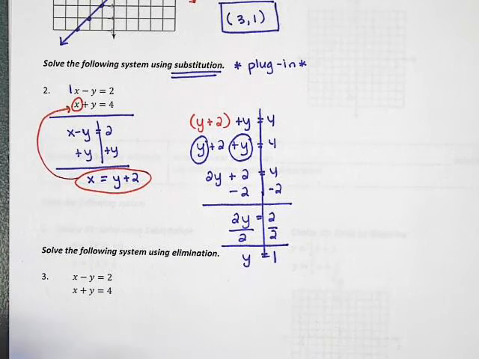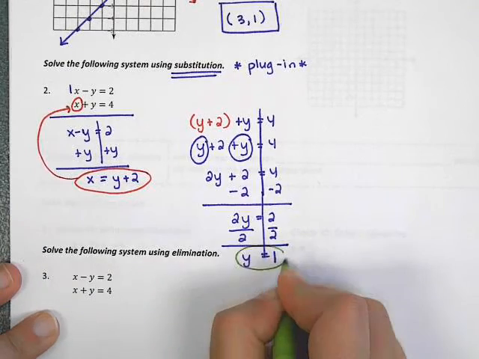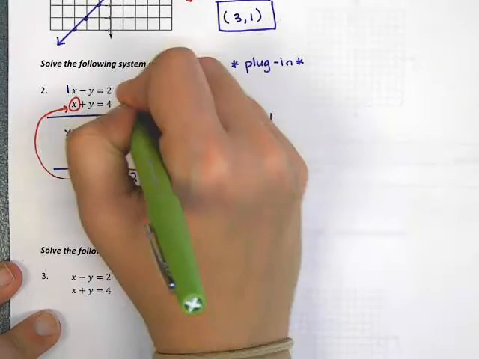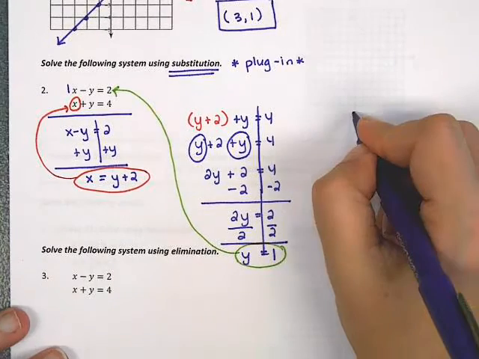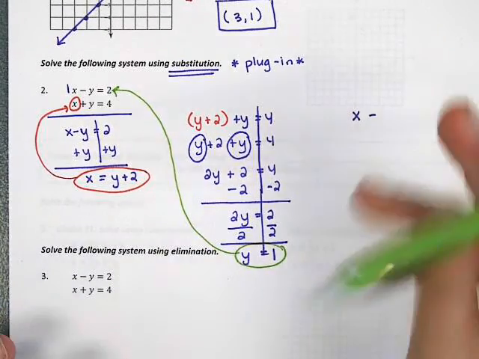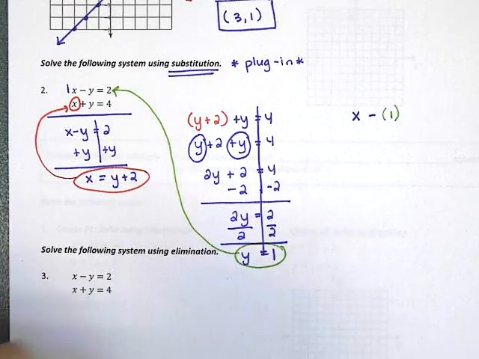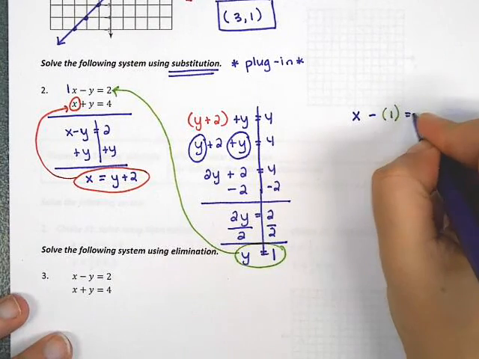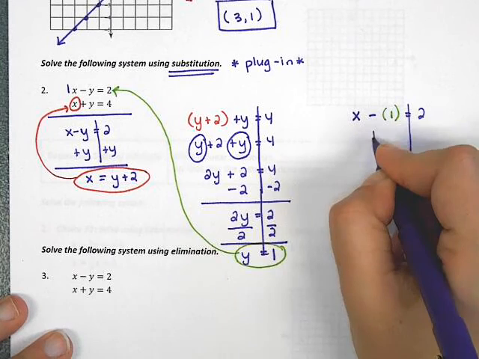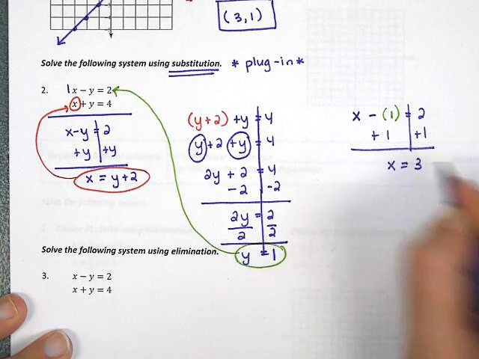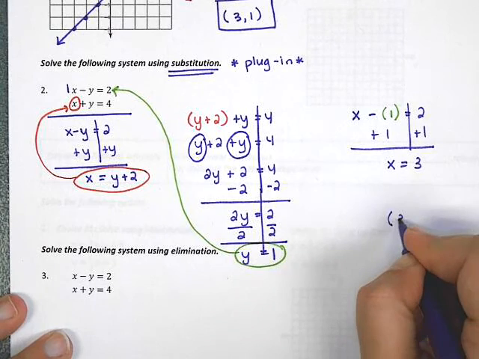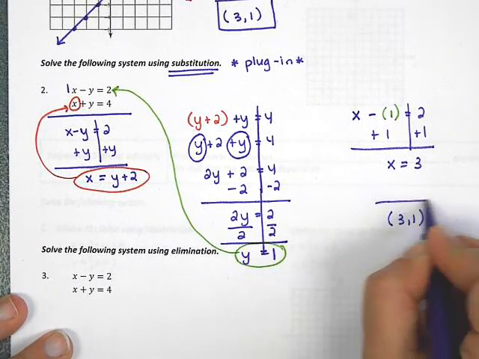Now I'm going to take this number 1, I'm going to plug it into the original equation, and I'm going to solve to get x. So I'm going to have x minus, and instead of the y, I'm going to have 1 equals 2. To get the x by itself, I would add 1 on both sides, so x equals 3, which means my answer would be 3, 1.